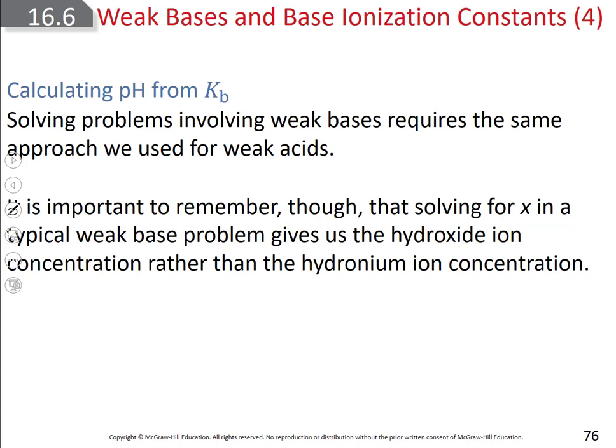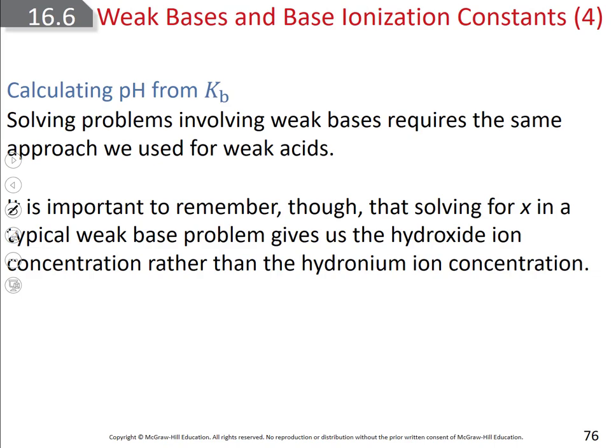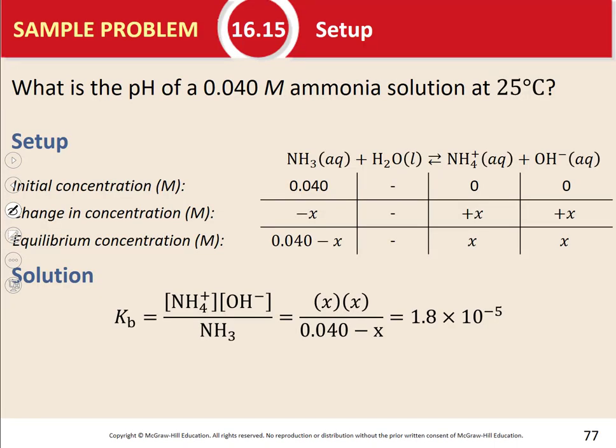So finding the pH was as simple as just taking the negative log of X. Now, in your equilibrium expression, instead of making hydronium, we make hydroxide. Can you still find pH from hydroxide? Yep, it'll give you the pOH. So the negative log of that will give you pOH. So in the very end, what do you have to do to find pH? Good, subtract from 14. So that'll be your last step. Other than that, it's the same steps, just at the very end you subtract from 14.